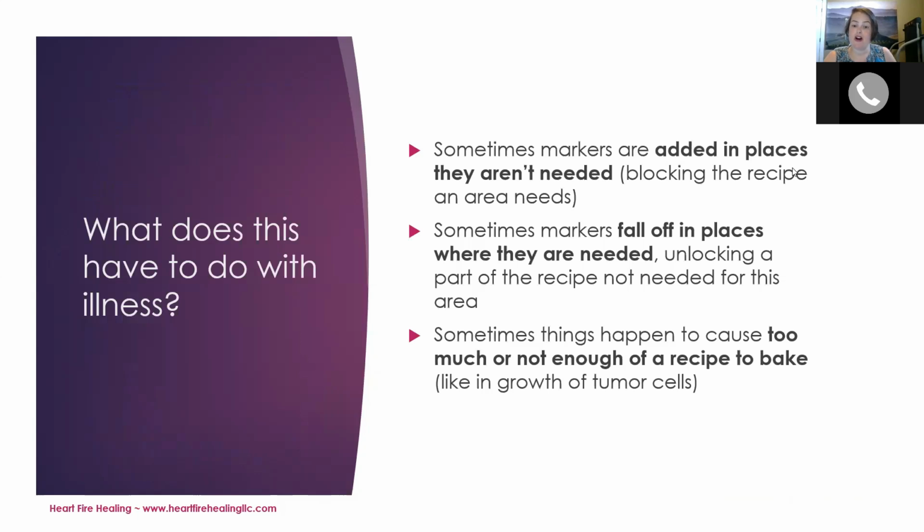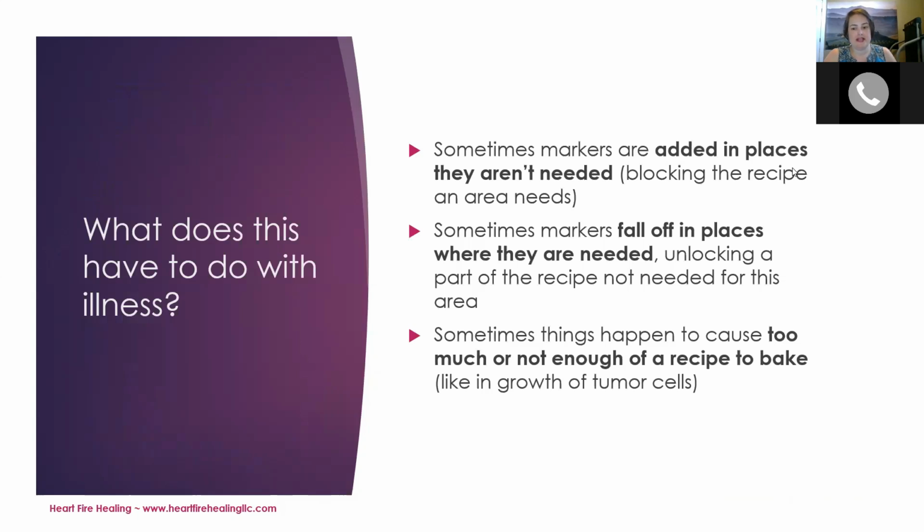Sometimes markers can fall off in places where they are needed, and that means we unlock a part of the recipe not needed for that area. So then all of a sudden that same muscle cell starts seeing something related to bones, and it gets a little confusing, and maybe it starts doing something it's not really designed to be doing.